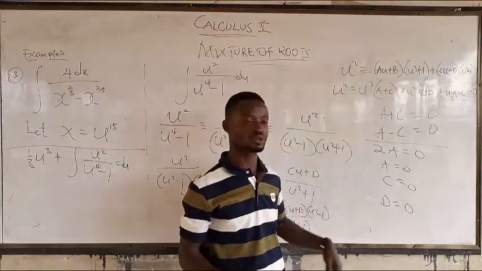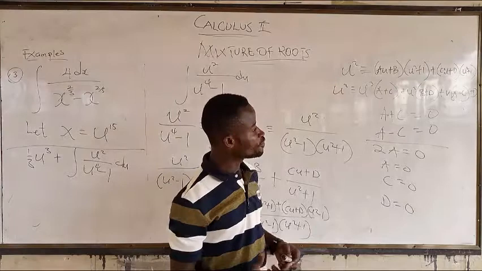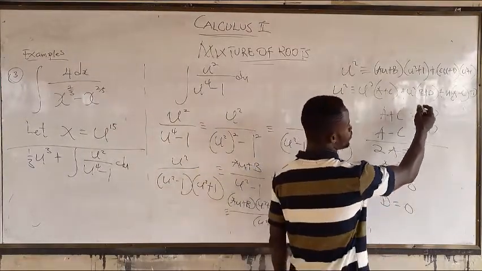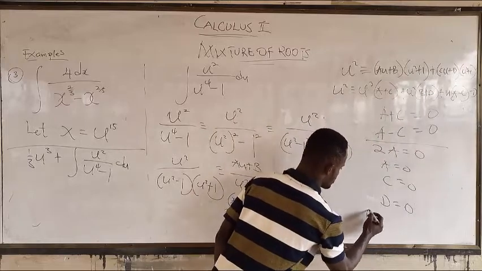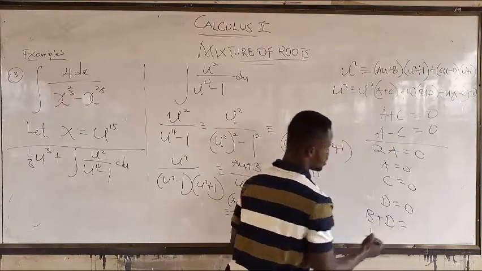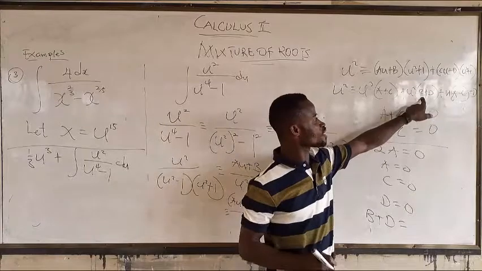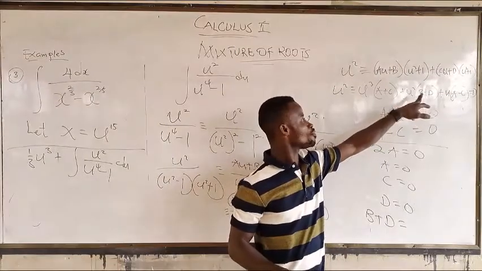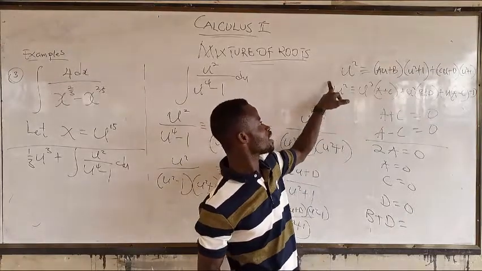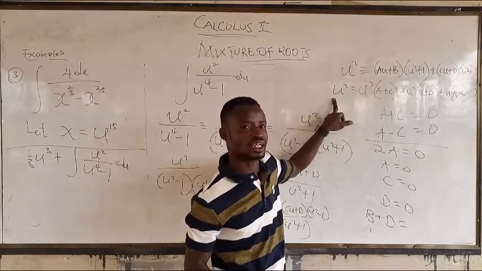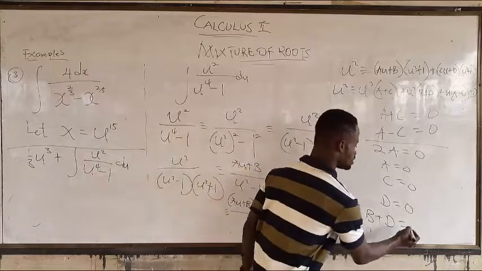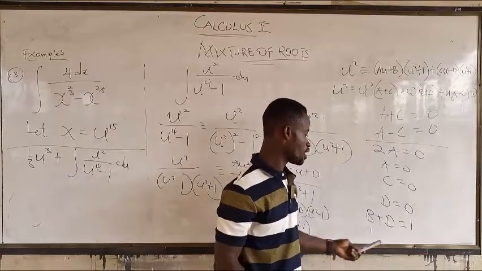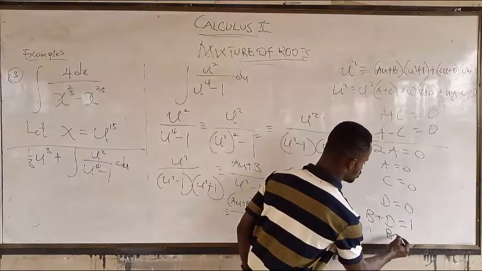Therefore, d is equal to 0. Now, if d is equal to 0, then let's see. The coefficient here is b plus d. But then we have u square here. The coefficient here is 1. When you equate it to b plus d, you get 1. But we know that d is 0. Therefore, we get b to be equal to 1.